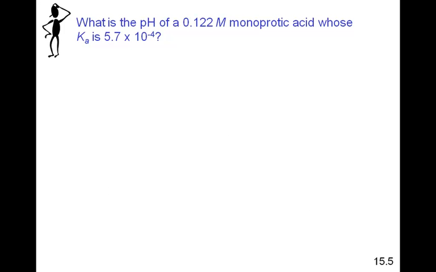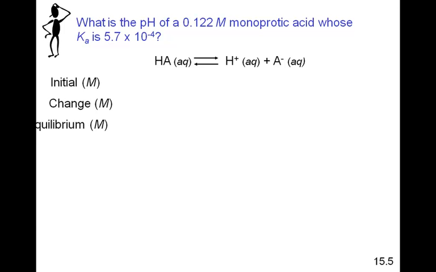What is the pH of a 0.122 M monoprotic acid whose Ka is 5.7 times 10 to the negative 4? So we're going to write the general equation for this acid, and we're going to do the ICE chart because remember we want to find the pH, which means we need the H plus concentration in order to find the pH, and since this is a weak acid we'll have to do it using the ICE chart.